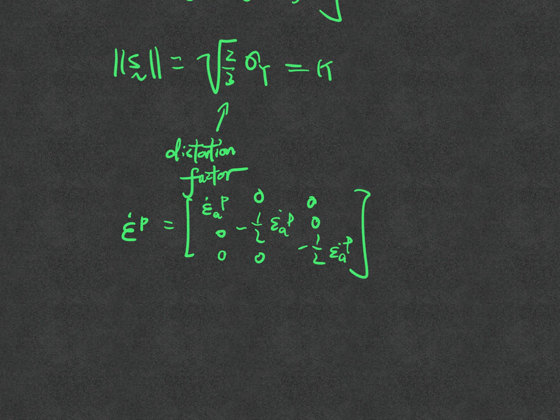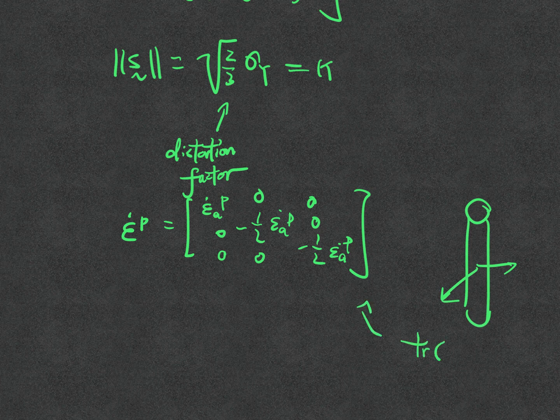If there is no plastic volumetric deformation, and we deal with a cylindrical coordinate, then it makes sense that these two coordinates would have the same type of plastic deformation in the radial direction, because both of them are radial direction components. It doesn't make sense for one to have more. But I also have the trace of the epsilon dot p has to be equal to 0.